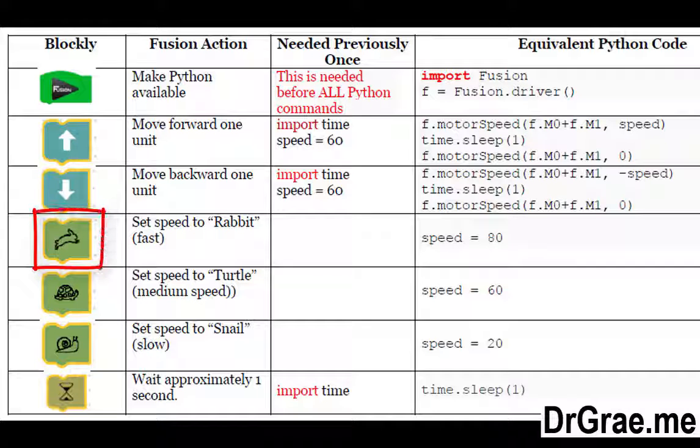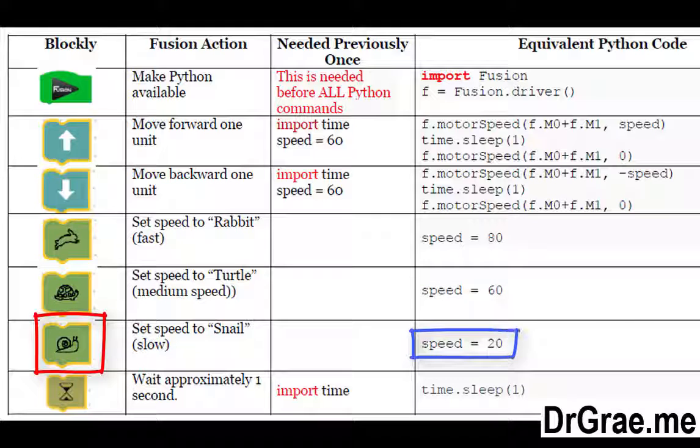The Blockly rabbit speed is equivalent to Python speed equals 80, the fastest. The Blockly turtle speed, equivalent to Python speed equals 60, is the medium speed. The Blockly snail speed, Python speed equals 20, is the slowest of the speeds available to a Blockly user.